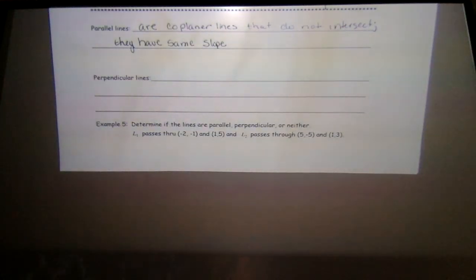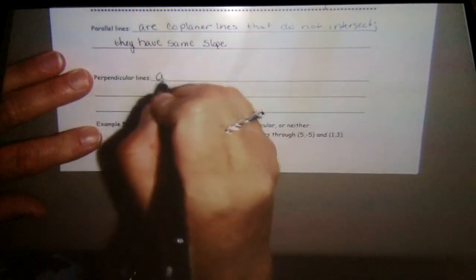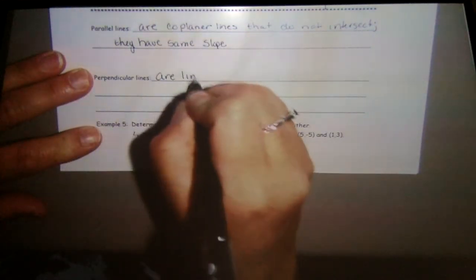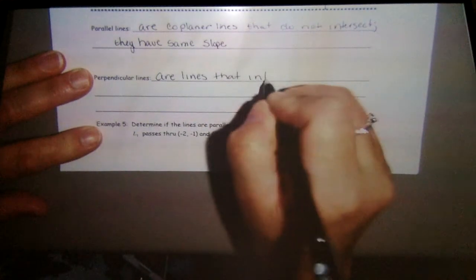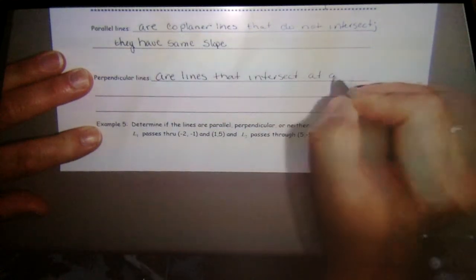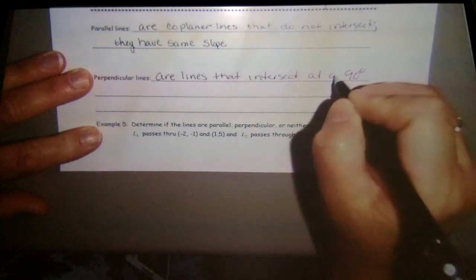What about perpendicular lines? They are lines, yes. They intersect at a 90-degree angle.